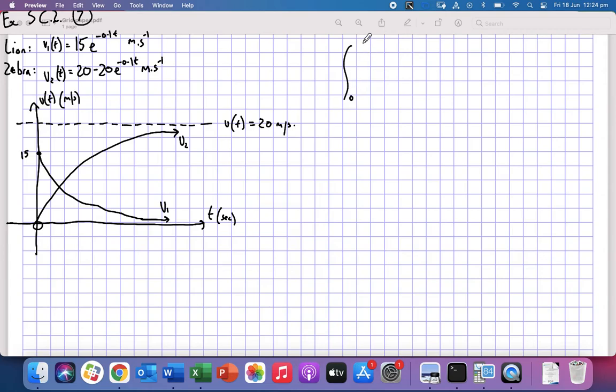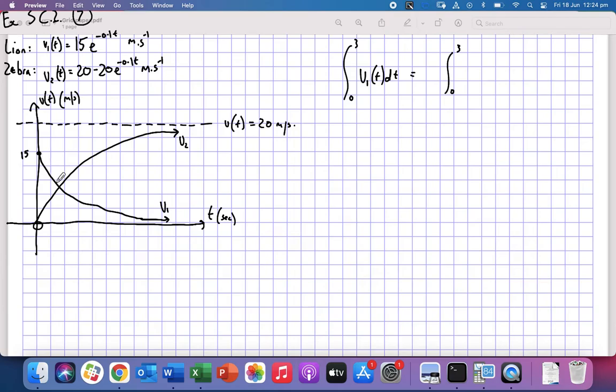If we're doing the integral of our lion's velocity, the interpretation is that that's the distance and also the displacement. It's this one, isn't it? V1. That the lion covers in 3 seconds. I don't know where that point is.